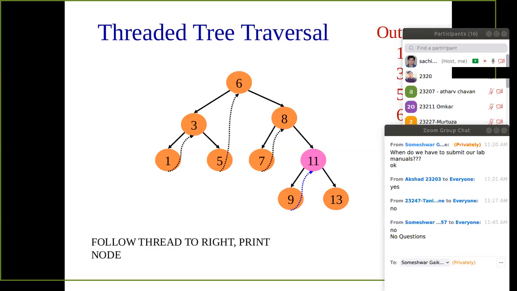So in the next session, that will be on the Monday, we'll see how we can traverse the threaded binary tree for pre-order traversal, and then what is the algorithm to create the threaded binary tree. So these two topics will be covered on Monday.